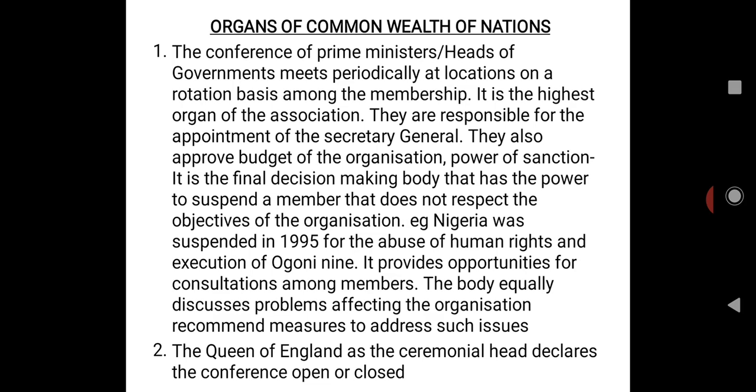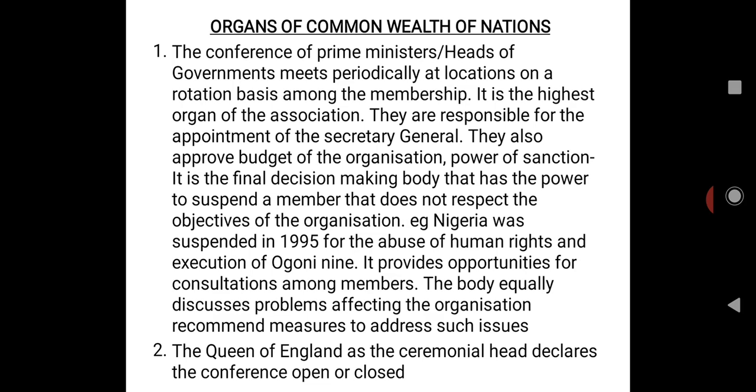It is the highest organ of the association. They are responsible for the appointment of the Secretary General of the association.